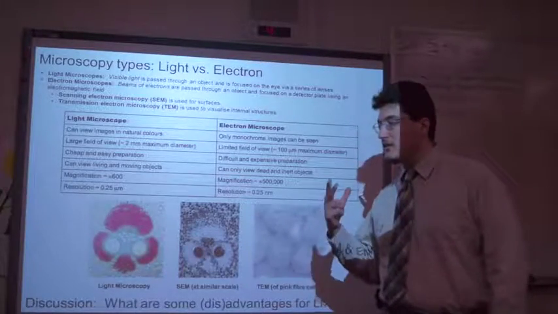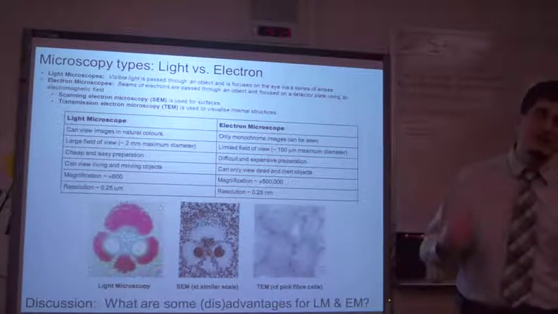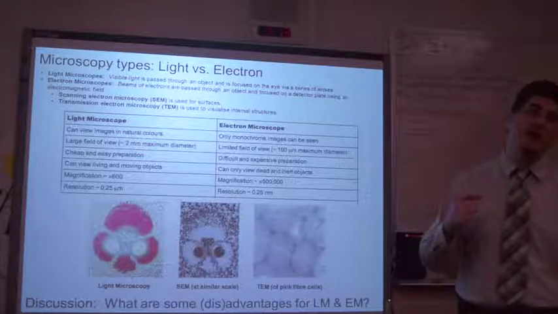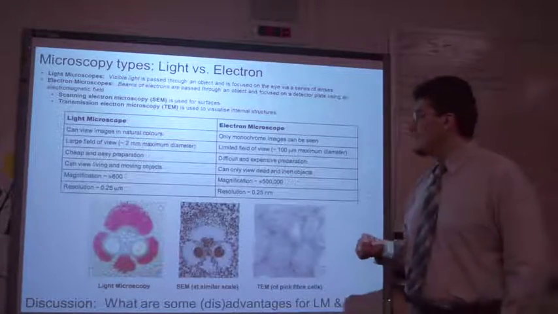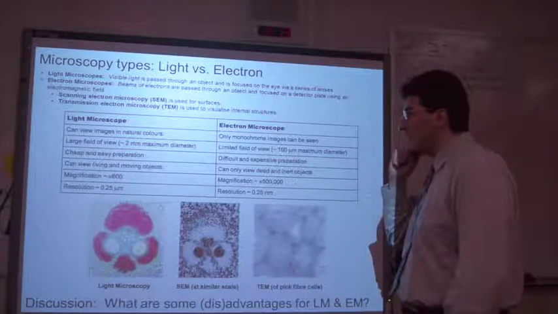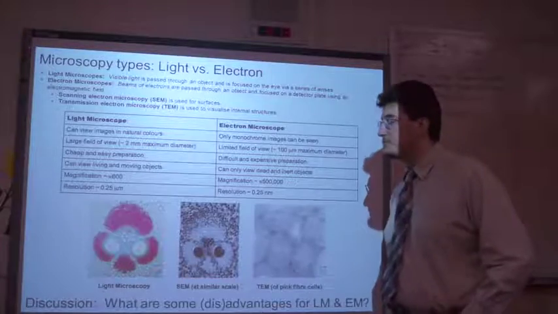The machine itself has a specific limit on the size of the specimen you can put into it. And typically that means 100 micrometers is your maximum diameter of your field of view.